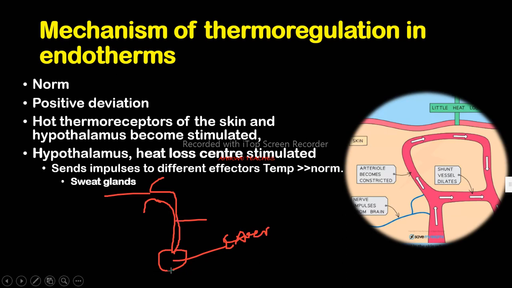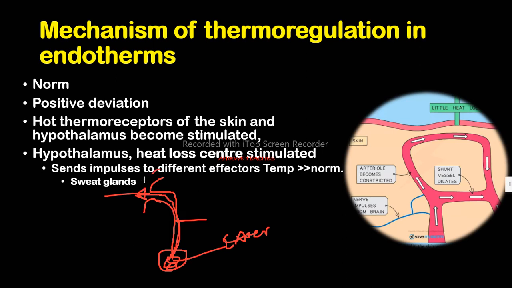Now these sweat glands, when they are stimulated, will absorb the heat. And then when they absorb the heat, they will use that heat energy to vaporize the water within the sweat glands. And when this water is vaporized, it will evaporate out of the sweat glands through the sweat duct, through the sweat pore to the outside environment.